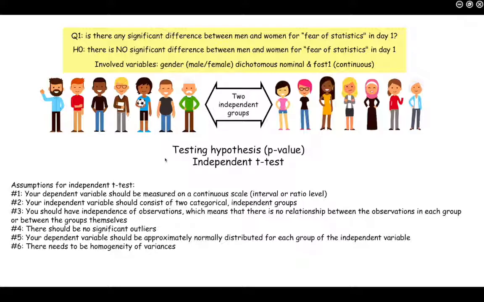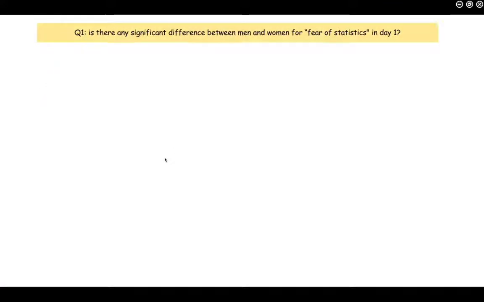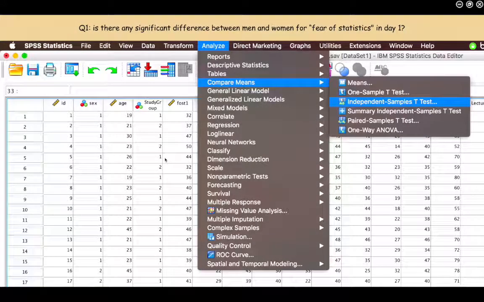You can check assumptions number 4, 5, and 6 using SPSS. Before doing this, you should make sure that you have assumptions number 1, 2, and 3. Also, you don't need SPSS Statistics to check assumptions number 1, 2, and 3. So let's see what we should do in SPSS.